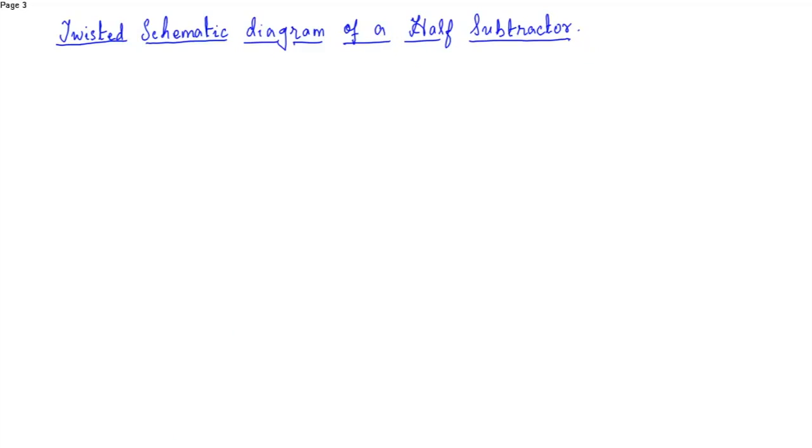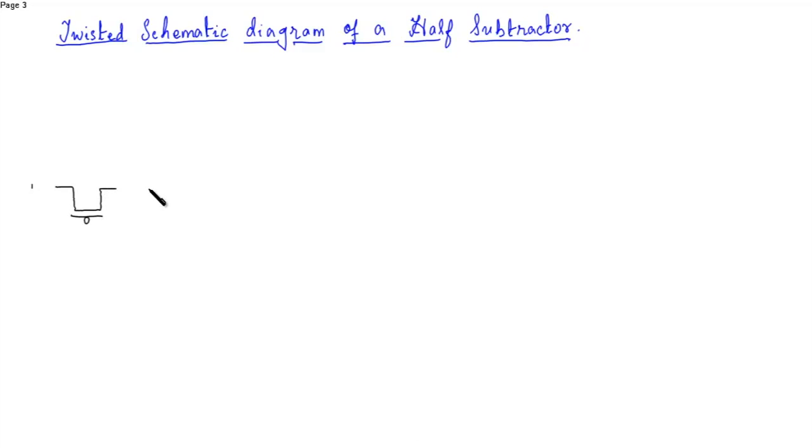Now for the transistor schematic, we know there are total 6 PMOS and 6 NMOS. So we'll draw six PMOS.